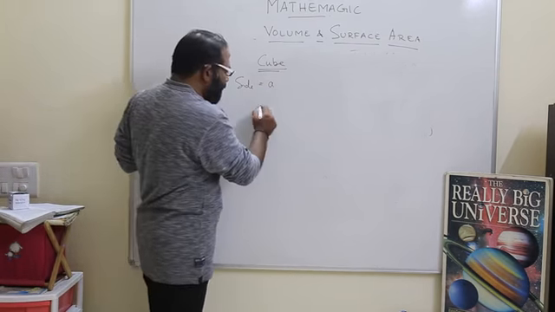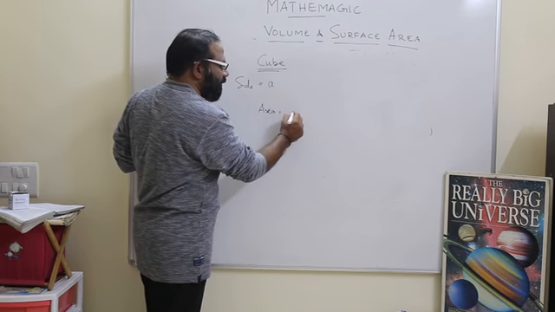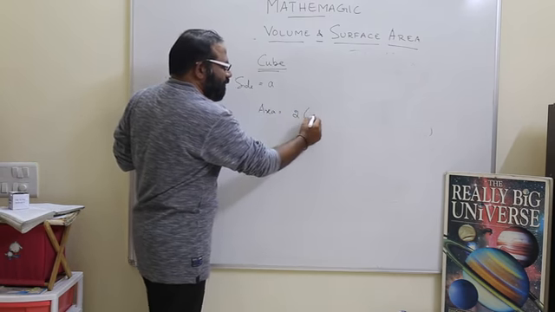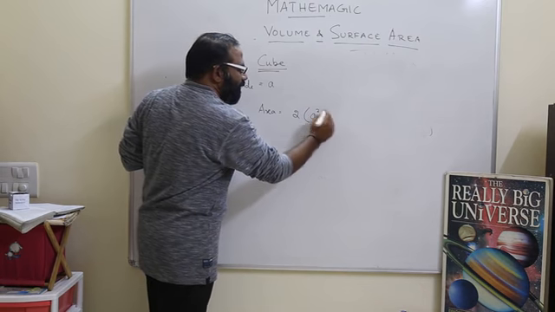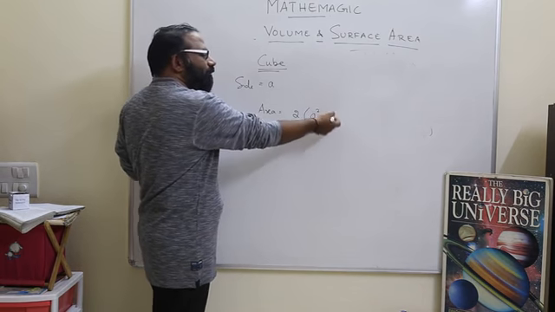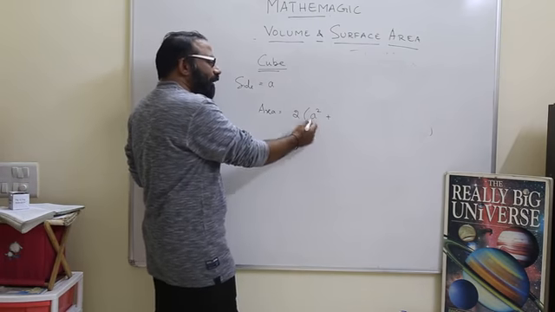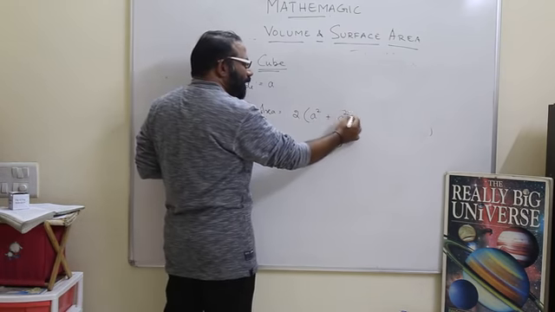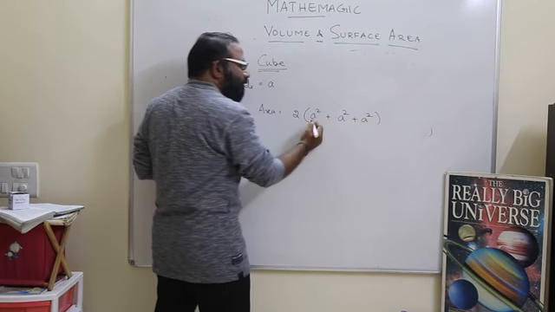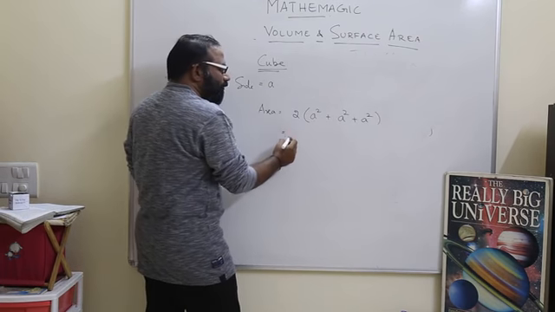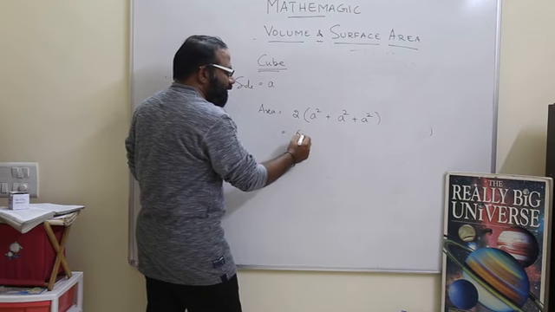So the surface area is 2 into (LB plus BH plus HL), as we saw for a cuboid. LB is nothing but A into A, plus again A into A, plus again A into A, which is A squared plus A squared plus A squared. So we totally have 6A squared.